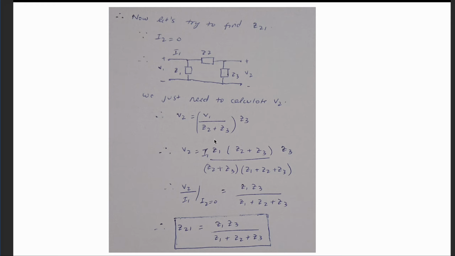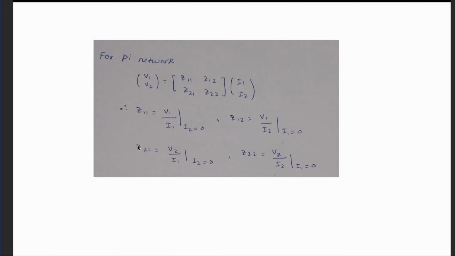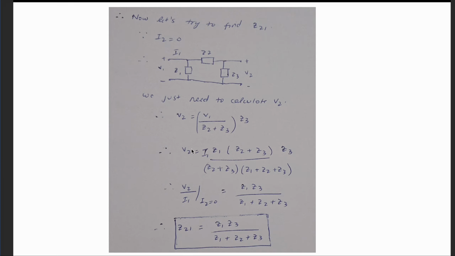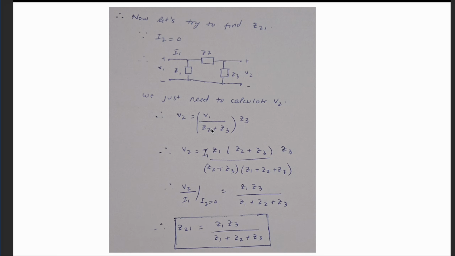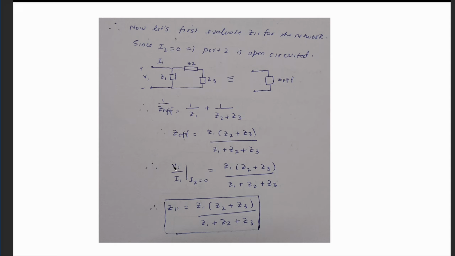And now, if you go back, you know that in order to calculate Z21, you need to know V2 in terms of I1, right? But here you can see that your V2 is in terms of V1, right? But because we have already calculated Z11, which is equal to V1 upon I1, you can eliminate the voltage V1 in terms of I1. If I use the previous formula of Z11, I can write V1 is equal to I1 times this complete Z effective.